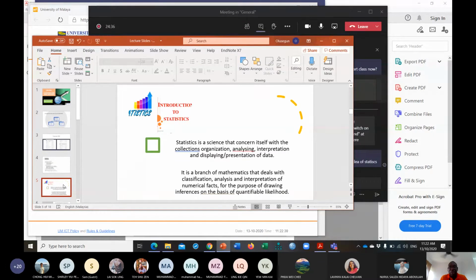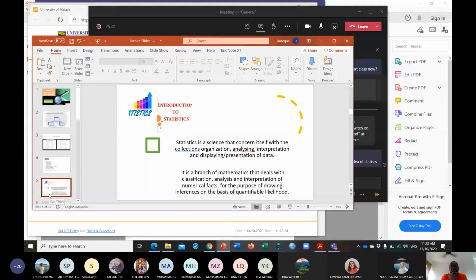Useful decisions. So statistics helps us to make predictions, to decide what will happen or what can happen. Based on the data we have gathered, from the known to the unknown, we can predict the unknown. It is a branch of mathematics which is always about numerical data. Statistics deals with numerical data. When we have data that are not in numerical terms, they can be converted through coding, through ranking, to numerical data for easy analysis.